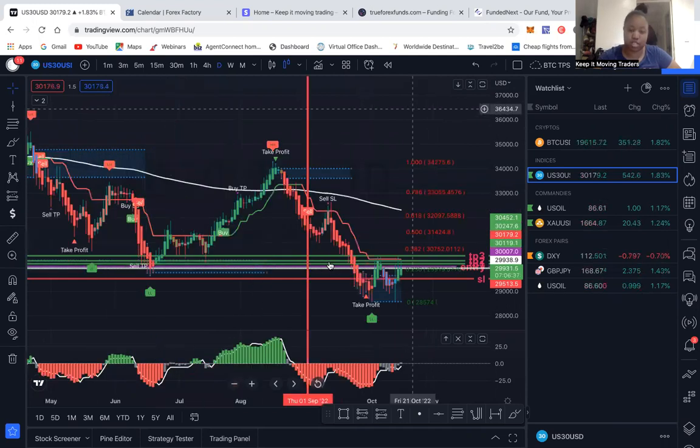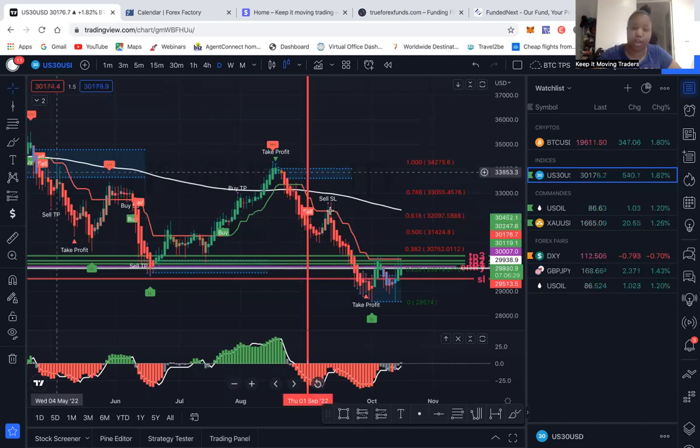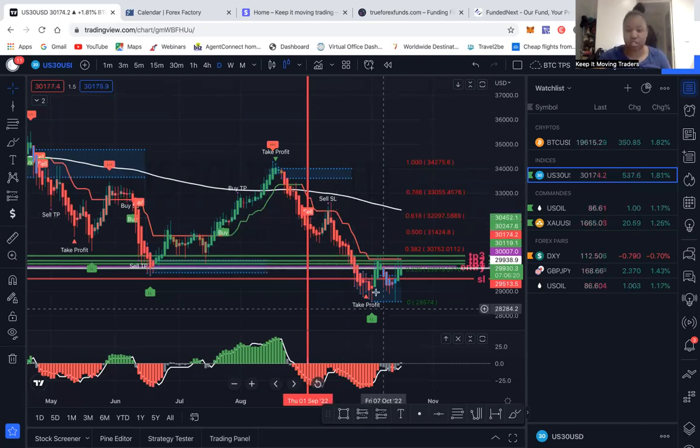So if you did miss the sell entry on the lower time frame, you wait for the pullback, and then wait for the next sell on the lower time frame to re-enter the trade. And you could have taken this trade all the way down here. Boom, reach support, and it tells you to take your profit.